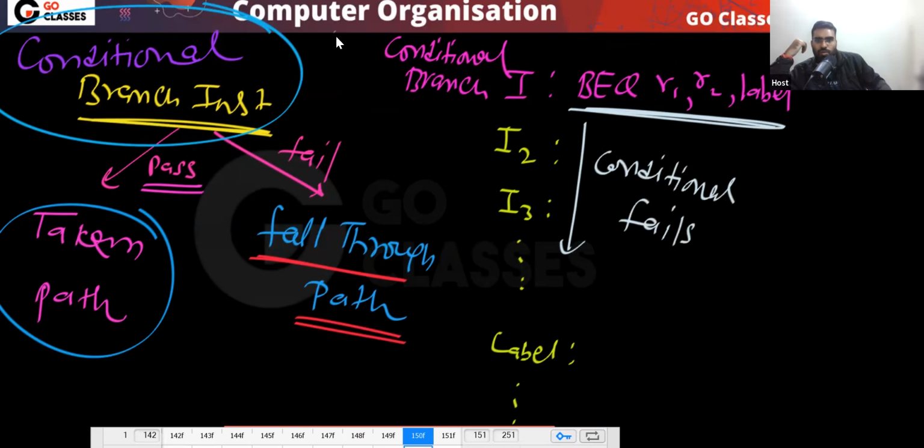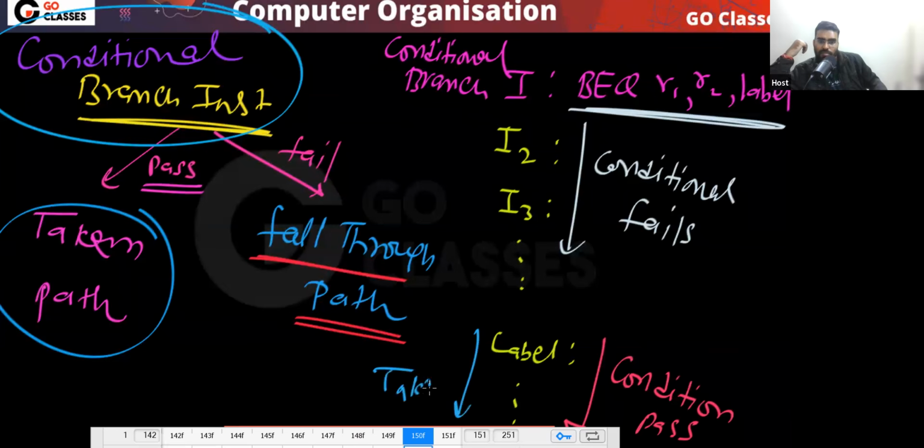If the condition fails, you will go to I2. And if the condition passes, you will go here. I told you this is your taken path. And I told you this is your fall through path.